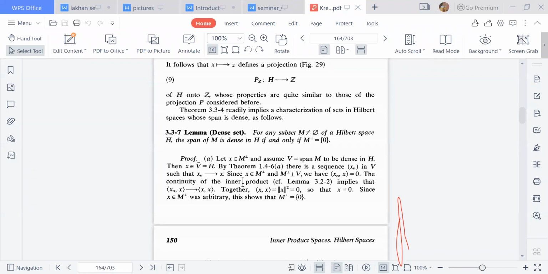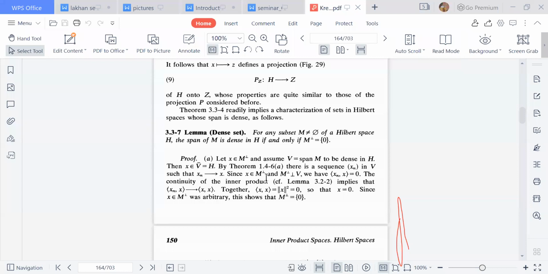We have written the theorem on closed sets. If a set is closed and an element X belongs to the closed set, let M be an arbitrary closed set, then there exists a sequence Xn in M such that Xn converges to X. We have written this theorem.